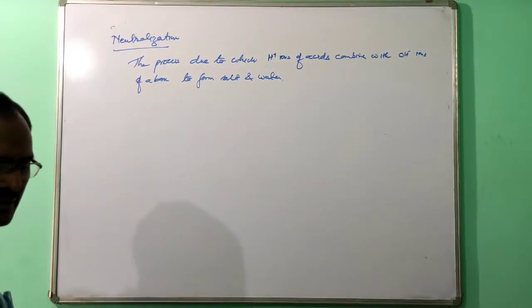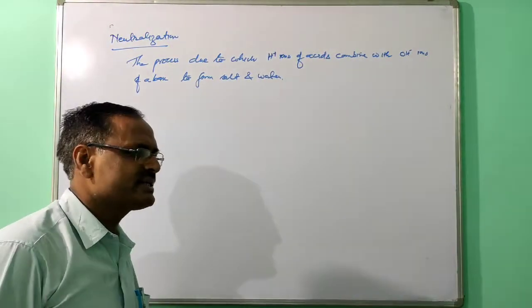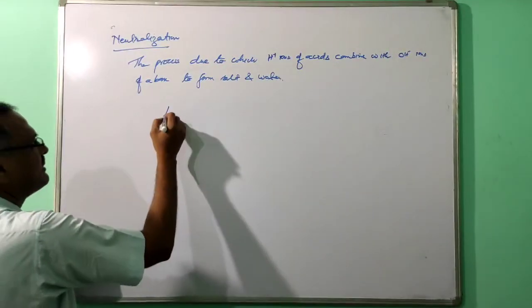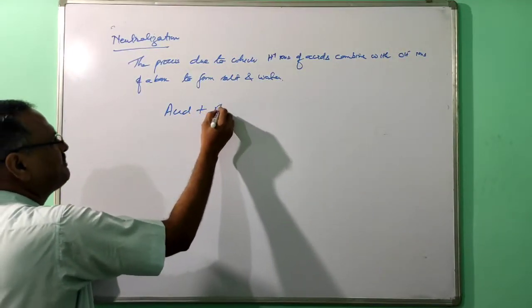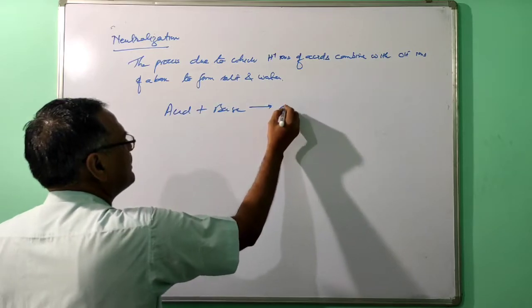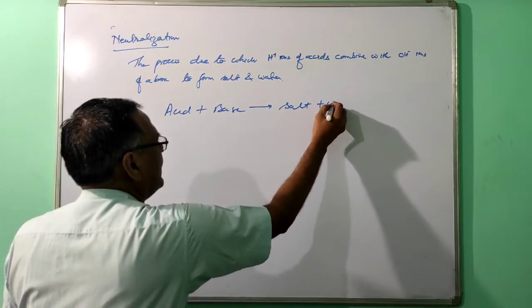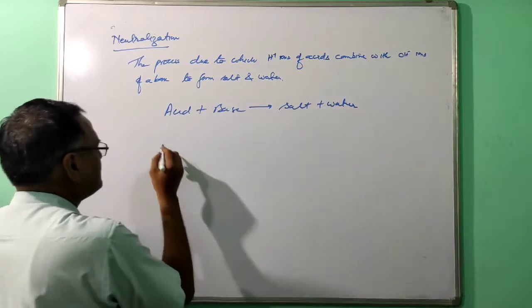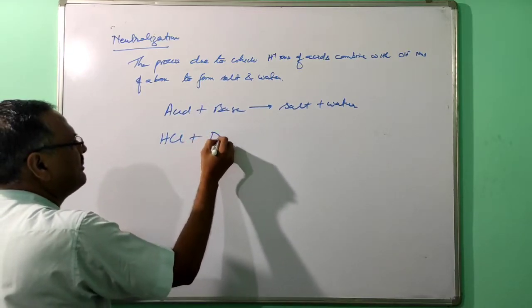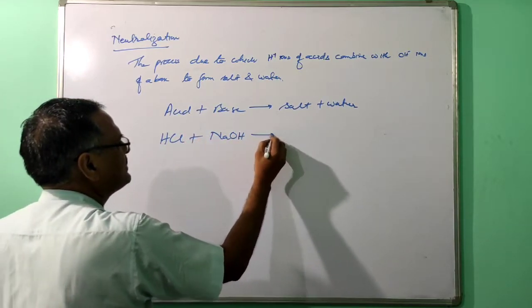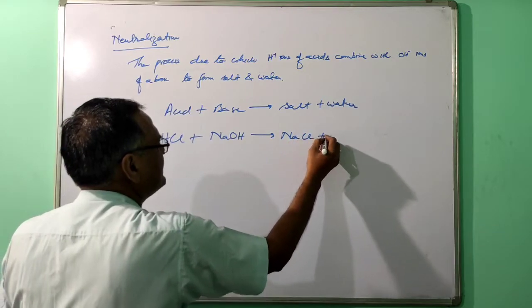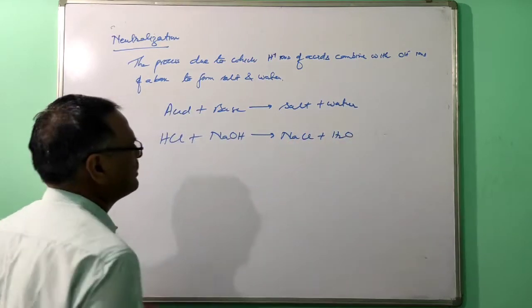This is the definition given in the book also, which you can study. So just see, acid plus base forms salt and water. The acid is HCl, the base is NaOH. This will form NaCl and H2O.